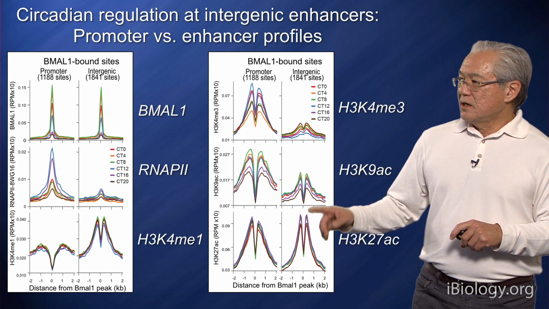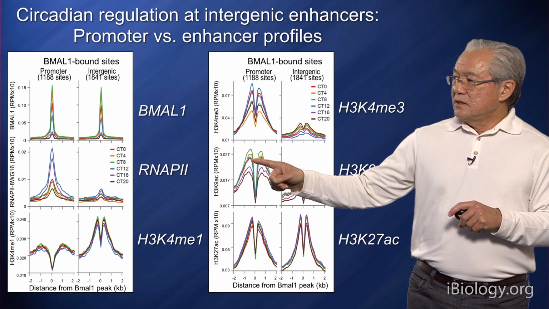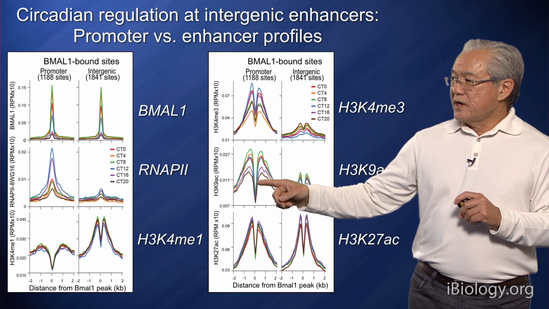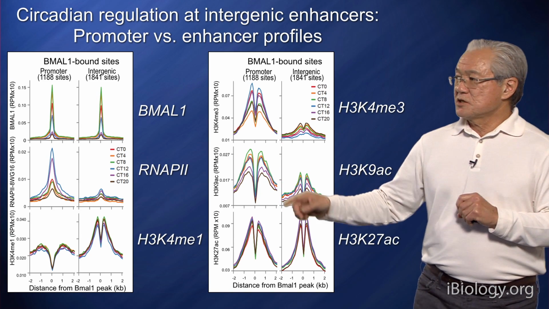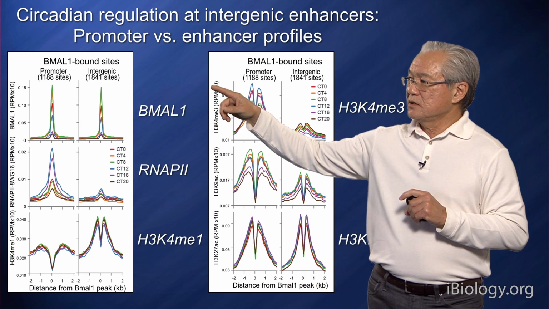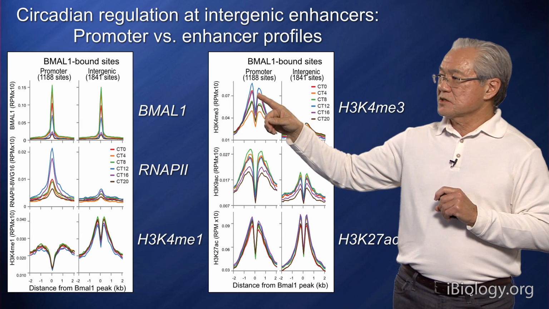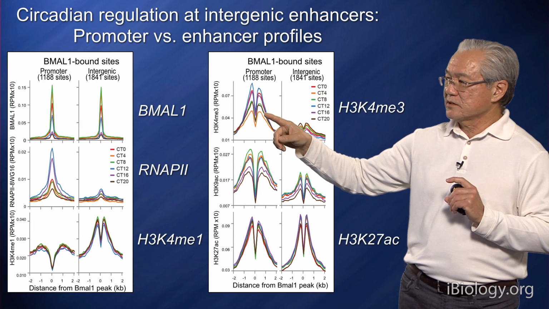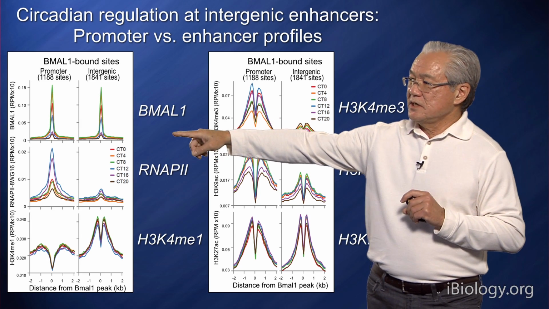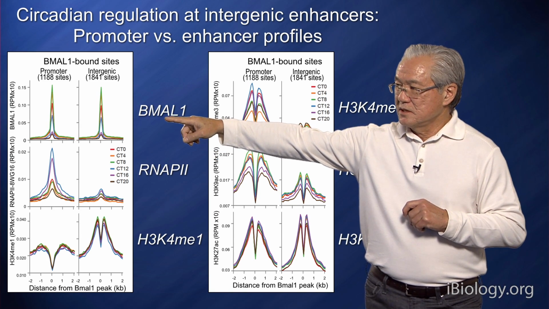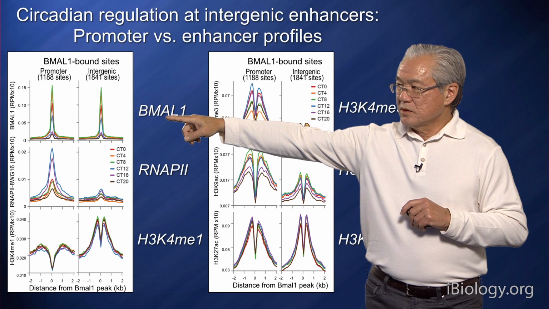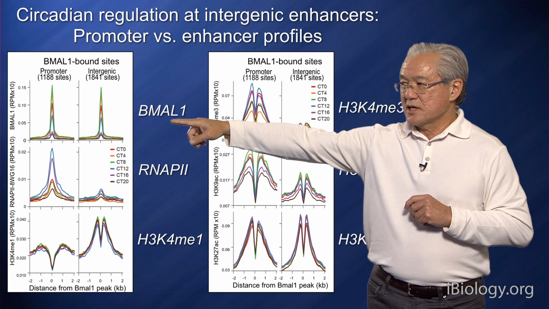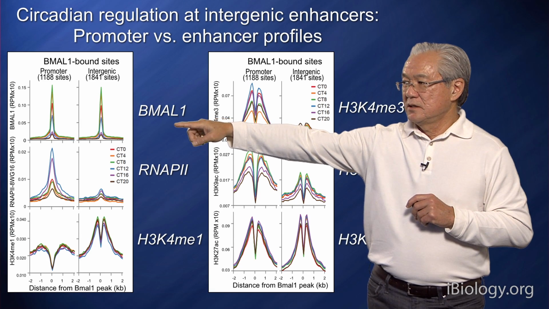So finally, these marks are also found at enhancer sites in addition to promoter sites. And so we can look at different types of promoter sites, either defined by BMAL in this case or other factors. And what we see is that BMAL occupancies at either promoter or intergenic enhancer sites are cycling in the same way.